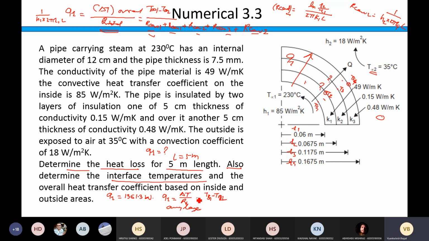We are writing delta T, overall temperature difference, so this is positive I am writing. Divided by R of this slab only. What is R of this slab? It is R conduction 1, means this. Correct? Now you understood why I am asking you to find out the resistances separately.